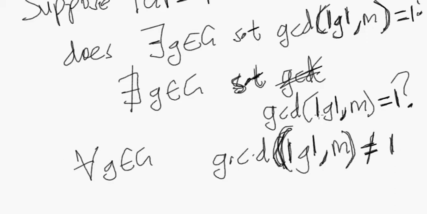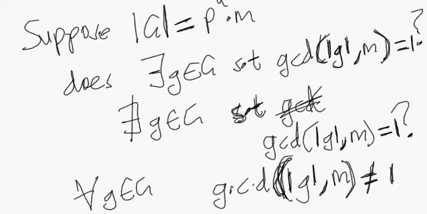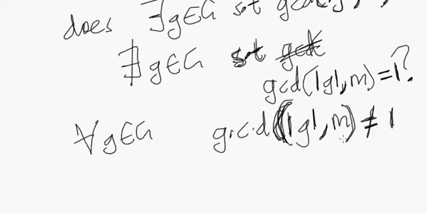Again, it's still unclear here. If we could obtain a contradiction here, then wouldn't we be saying that there has to exist at least one g such that its order is relatively prime to M? And if we have that, can't we at least say that whatever the order of g is, the order of g has to divide P to the alpha?